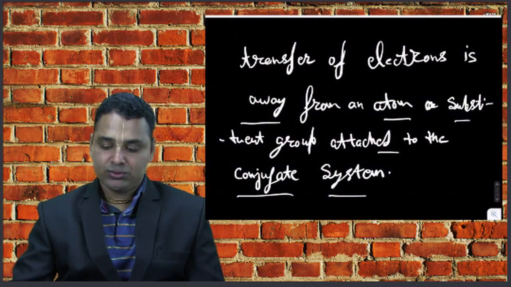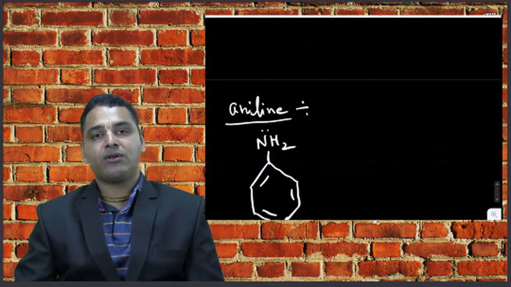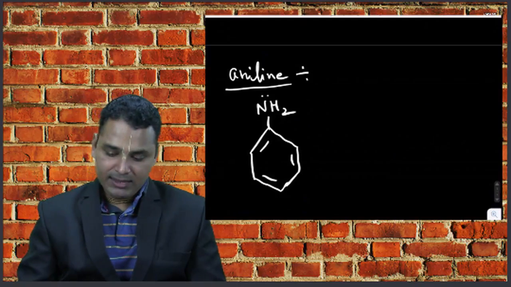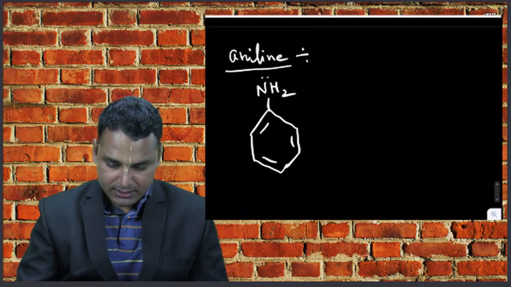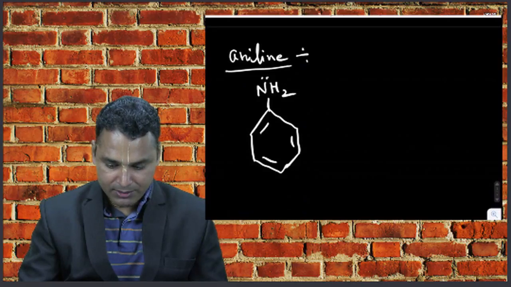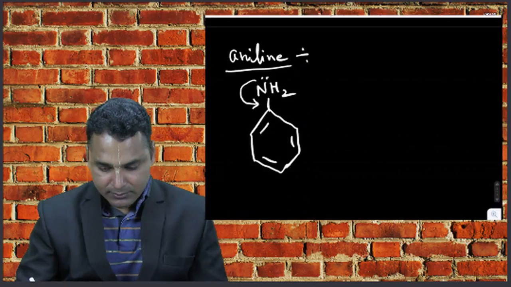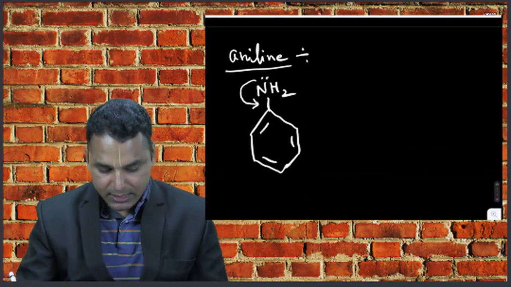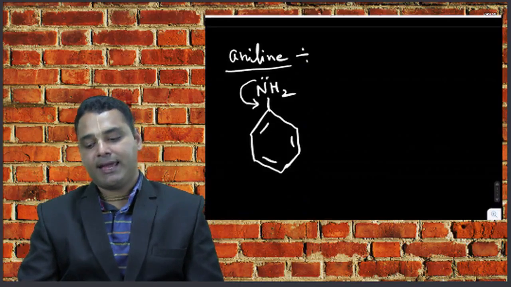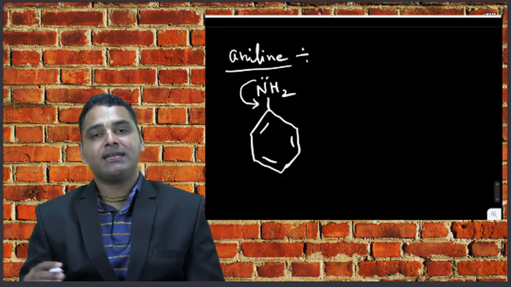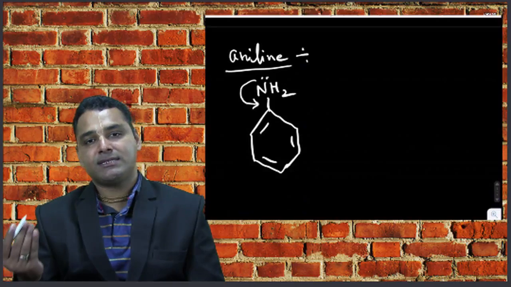The lone pair of NH2 shifts from here to here. Here it was a single bond, and now the electron density has increased.